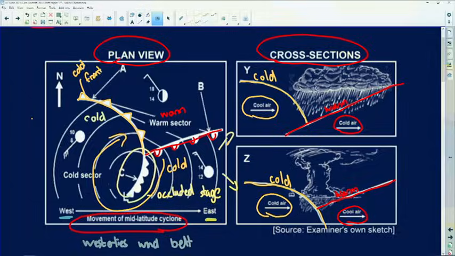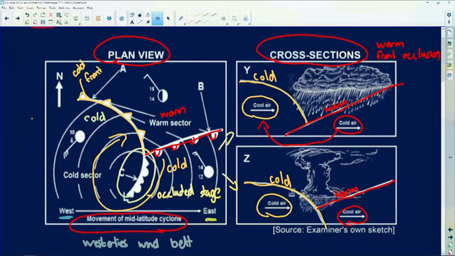Now, if we look at Y, it is a warm front occlusion. Now, how do I know that? Very importantly, pay attention. The air in front of the warm front is colder than the air behind the cold front.